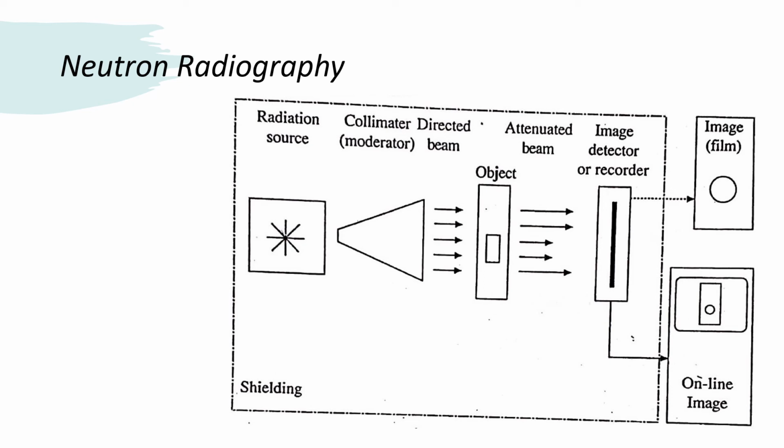The basic principle underlying this technique is the penetrating nature of neutron radiation and its differential absorption by the material to obtain details of the internal structure. Just as in conventional radiography, in neutron radiography also the object to be examined is placed in the collimated neutron beam.